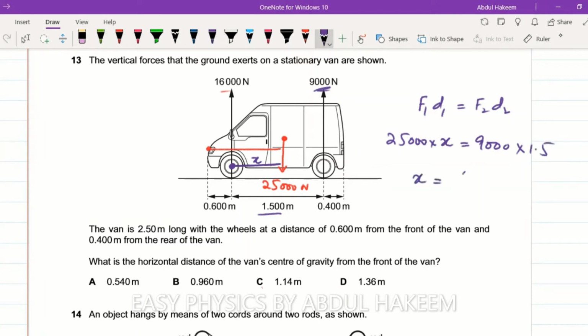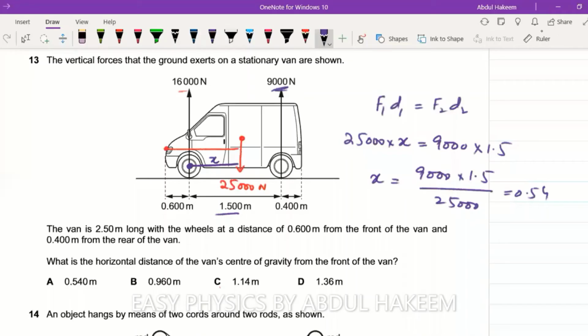So x is equal to 9,000 multiplied by 1.5 divided by 25,000. Let me calculate this. Okay, the answer for x is coming 0.54 meter, but we have to measure from the front.